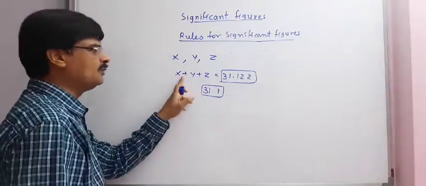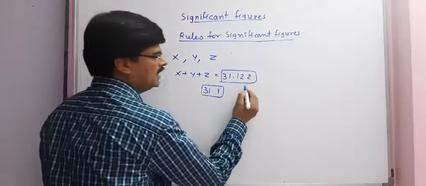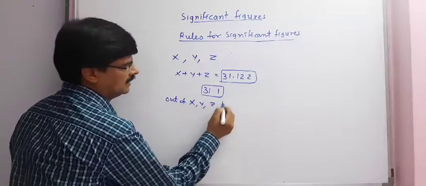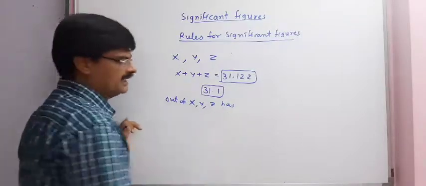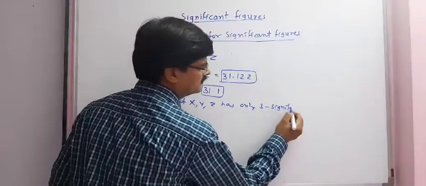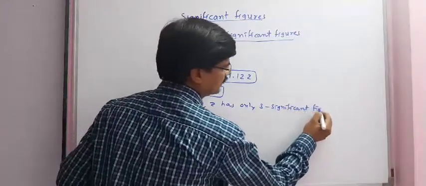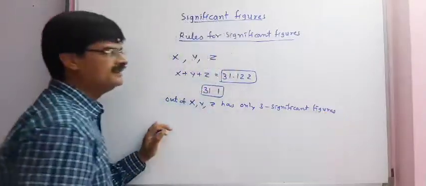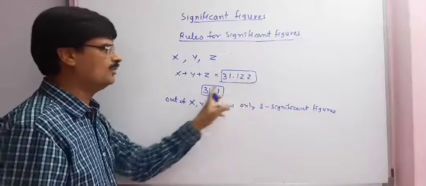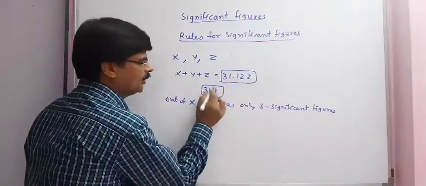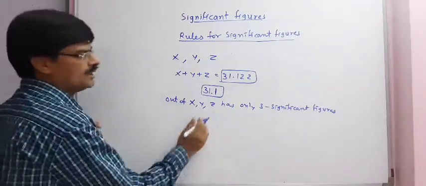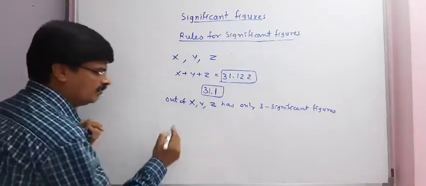If one of X, Y and Z has only three significant figures, then the rule is applied. As I mentioned, we cannot write 31.122, but we have to write 31.1 only.